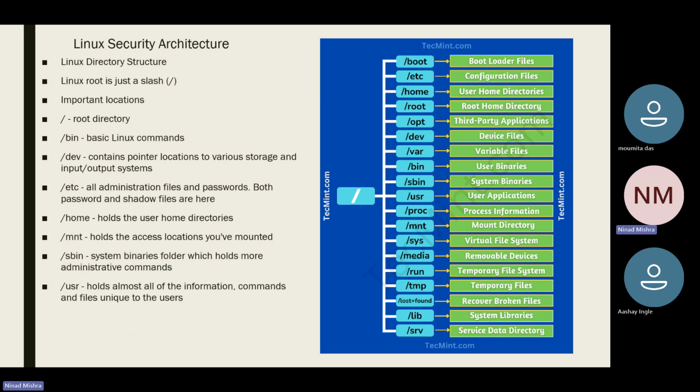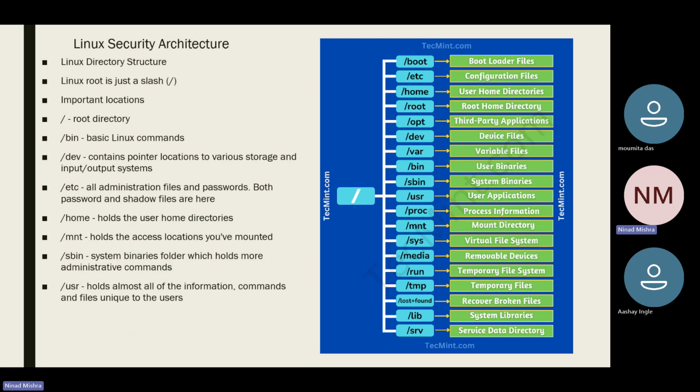Then comes the Linux security architecture. If you are using Linux, you must be aware of the basic files that are present, similar to Windows. Linux root is just a slash; once you provide the slash, it's the root directory.